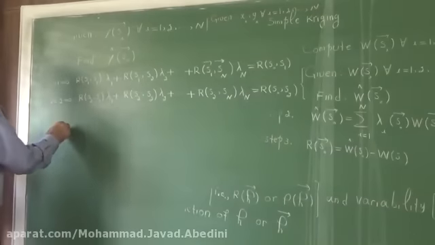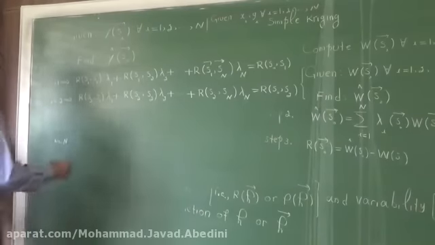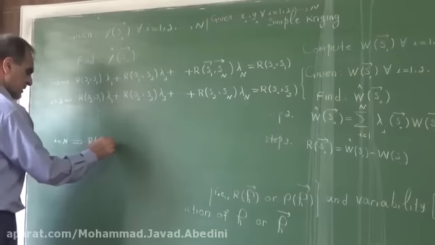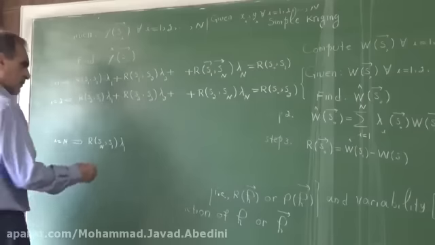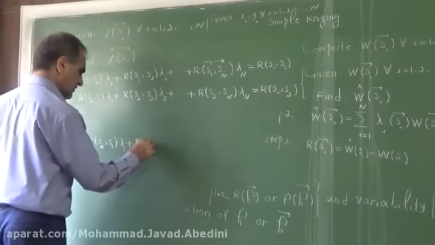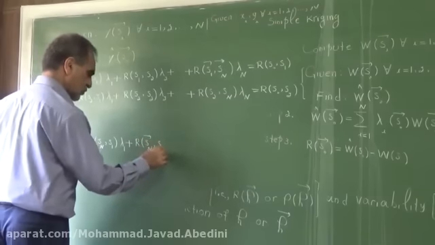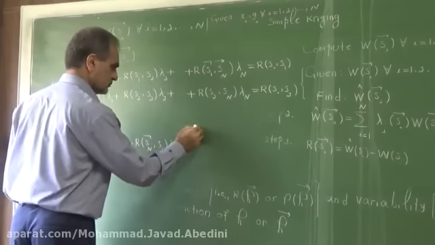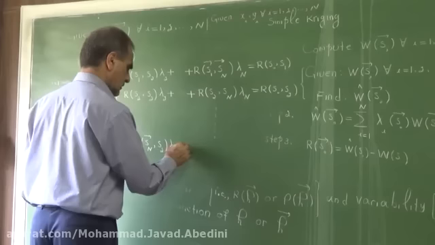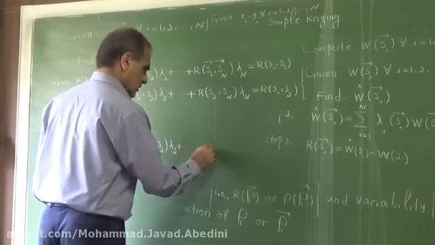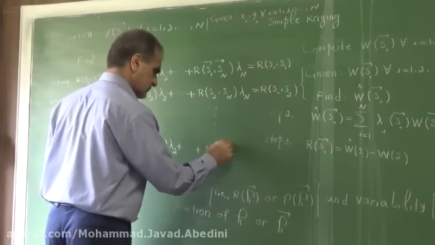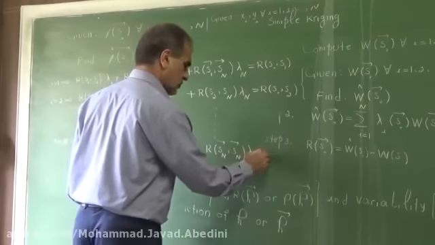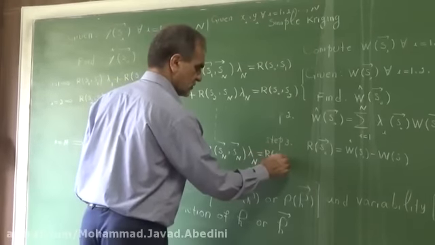You can keep going until I is equal to n: R sub Sn S1 times lambda 1, plus R sub Sn S2 times lambda 2, up to R sub Sn Sn times lambda n, equal to R sub S0 Sn.